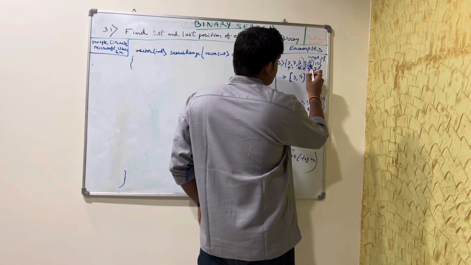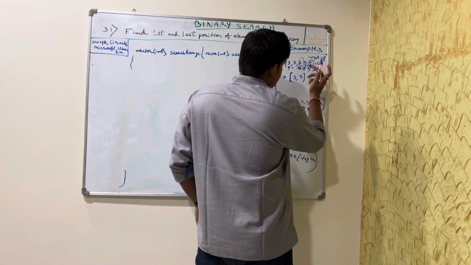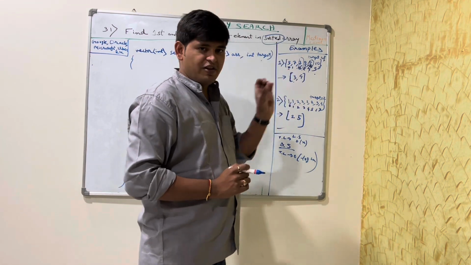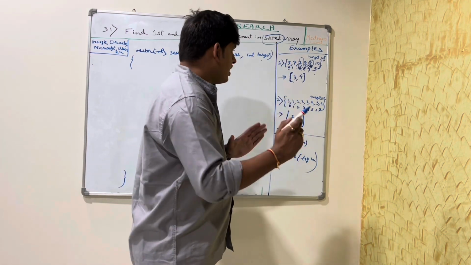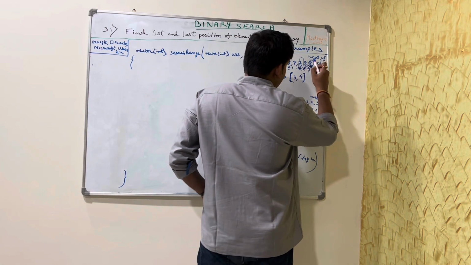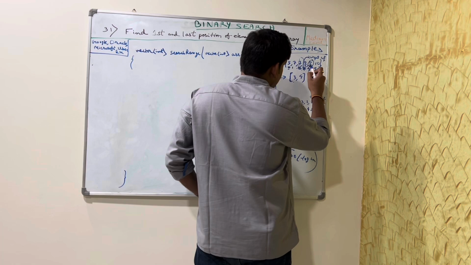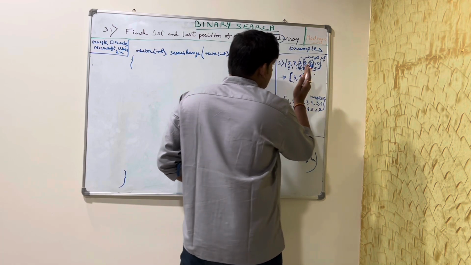We will still be searching. In normal binary search, we have a low, we have mid, we have high, right? So here we will not stop our search and return it. We will make the search again, and we will reduce the search to the leftmost part.